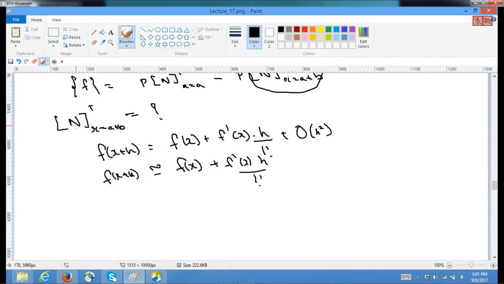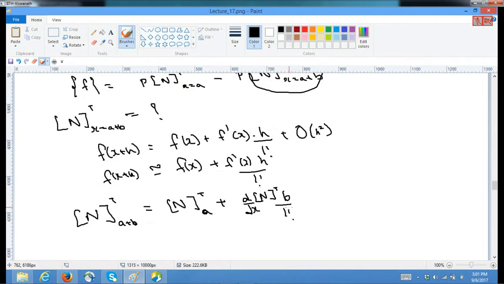So that is N expanded about a plus b is equal to N expanded at a plus dN by dx transpose into b by 1 factorial, which is my linear approximation.